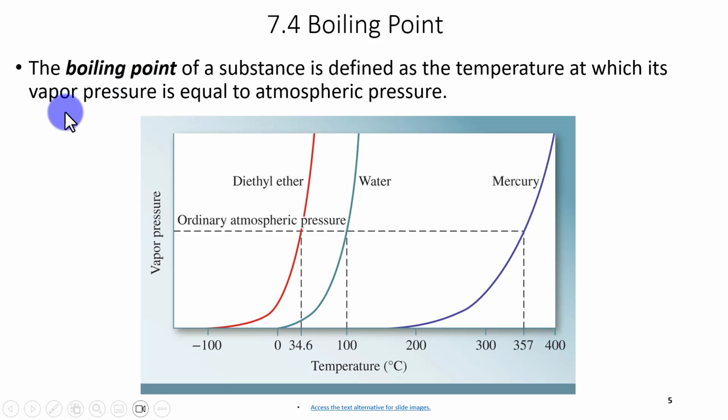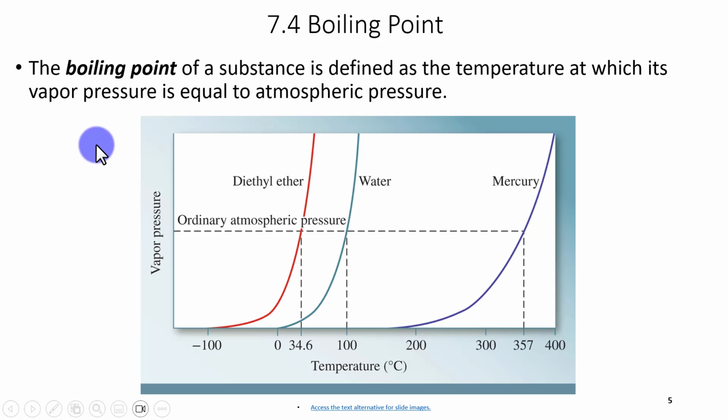Which makes sense, because if my vapor pressure, which is the pressure of the gaseous molecules above the liquid, if those molecules are held together by high intermolecular forces, fewer of them are going to escape in the gaseous phase. So the vapor pressure is going to be low, and it's going to take a higher and higher temperature for enough of them to escape into the gaseous phase to increase the vapor pressure to what atmospheric pressure is, and that's why the boiling point is higher.